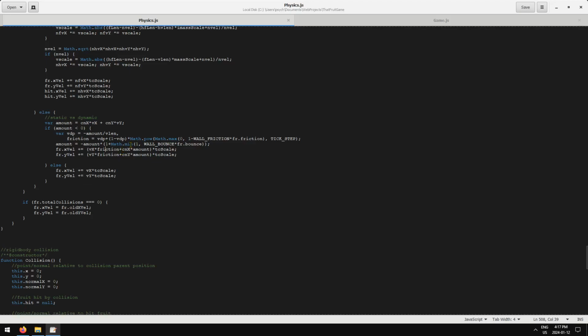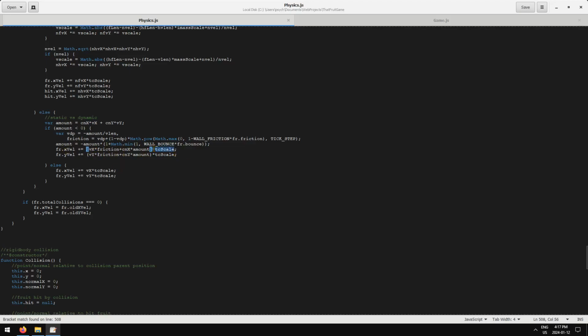So it's like reflecting. With amount at 1, this just pushes back the velocity and we'll just lose all velocity. But when bounce goes up and say it goes to 2, it'll push back and it'll actually completely reflect your velocity. And say it bounces against a wall with an x normal, it'll flip the x negative. This math takes a little bit of thinking out to figure out, and it would probably make a lot more sense if it was using a vector library function and this just said reflect.